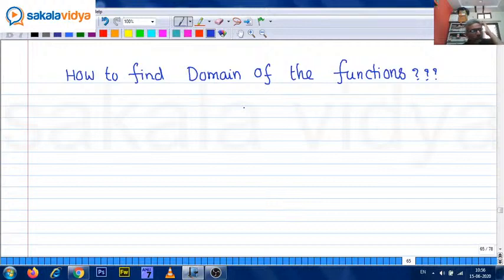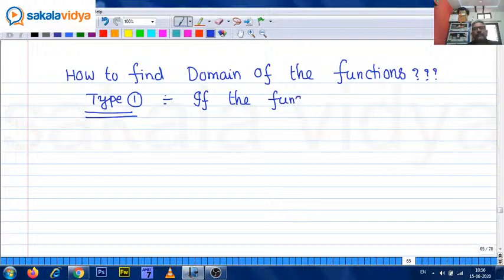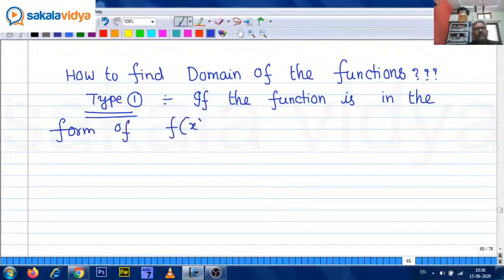Okay, so first, type 1. If the function is in the form of f of x is equal to 1 by g of x.